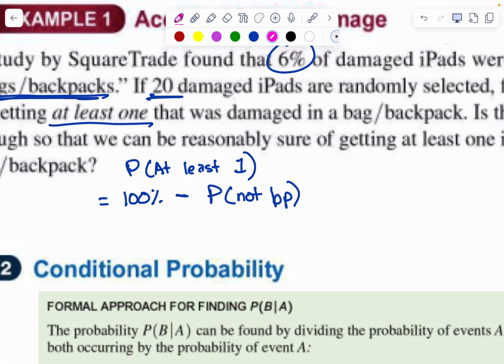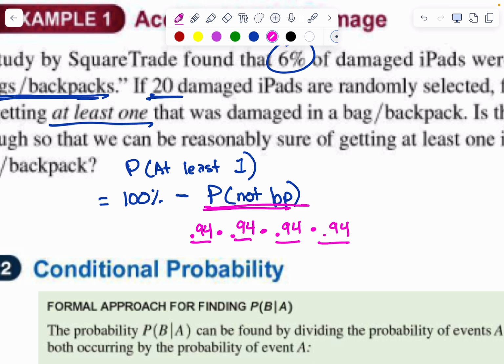Okay, what's the probability that all 20 of them are not damaged by a backpack? What's the chances that the first one's not damaged by a backpack? 94% is not damaged by a backpack. We want the probability of not backpack, so I've got to do 94%, right?